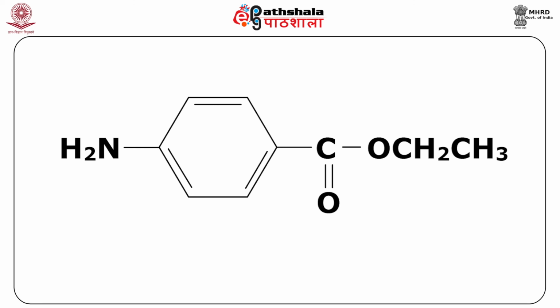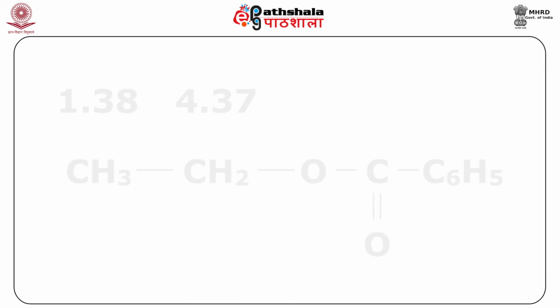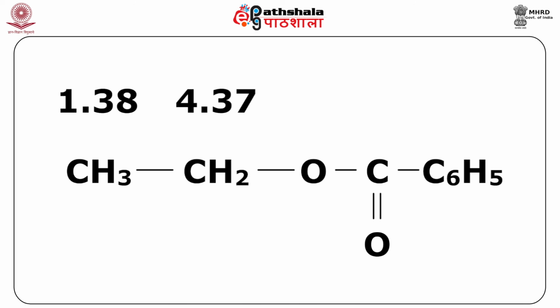The amine NH2 group is confirmed as it is exchangeable with deuterium oxide. The proton chemical shift of the OCH2 at 4.37 ppm is due to the presence of an ester structure. It is indicated here, CH3 at 1.38, CH2 at 4.37.